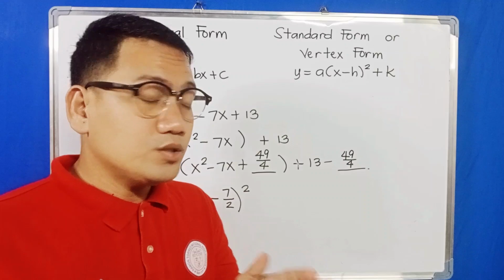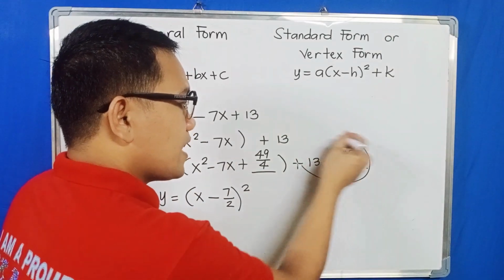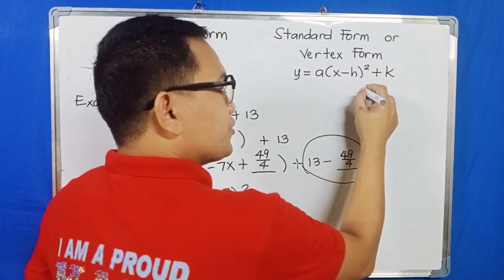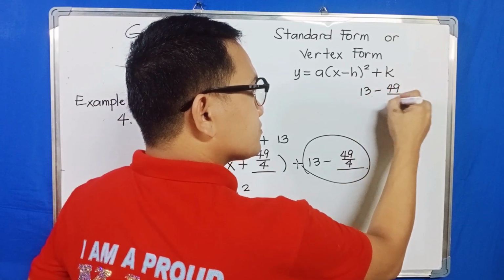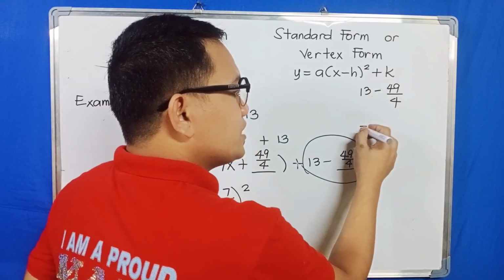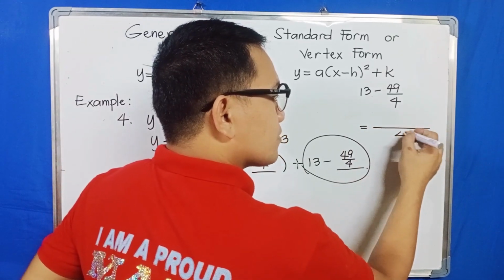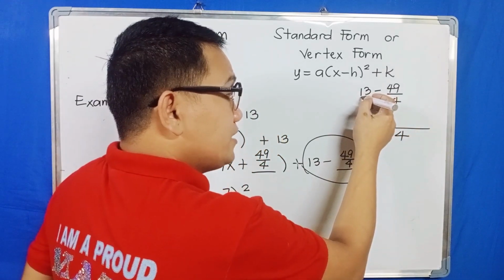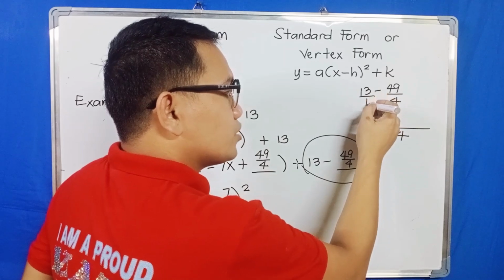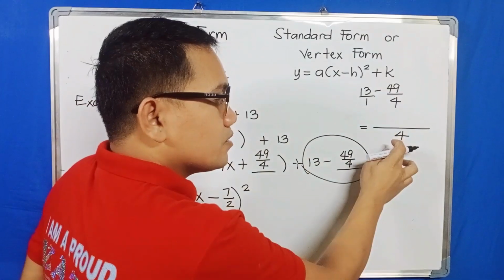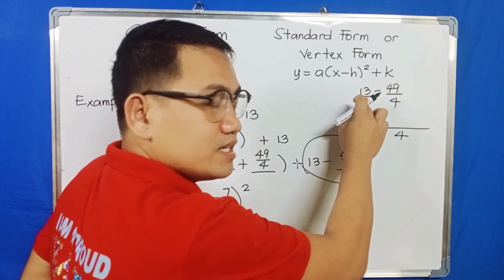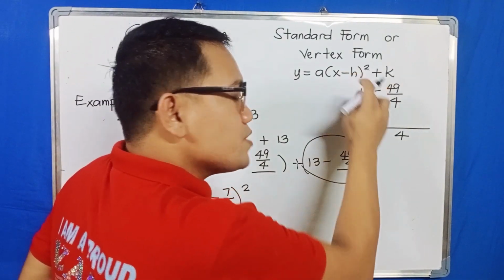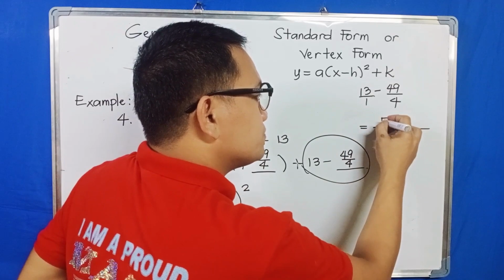So if we are to combine these two, allow me to utilize this space, so that is 13 minus 49 over 4. So the common denominator would be 4. 13 is understood to have a denominator of 1. So 4 divided by 1, that is 4, times 13, we have 52.